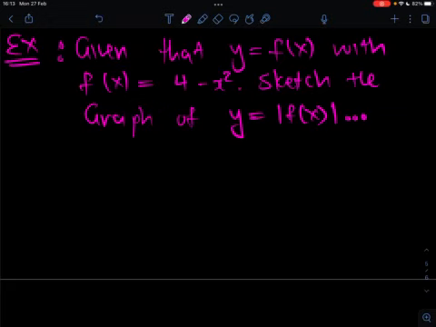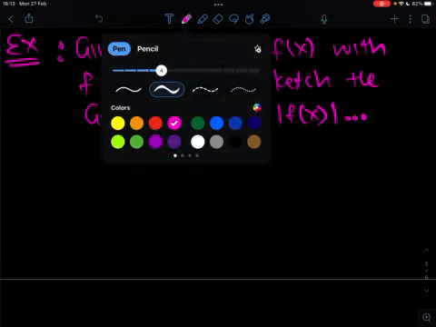So this is now the question that we have. We are given the graph of f of x, and then we are asked to plot that of the absolute value. So how will you proceed from here?